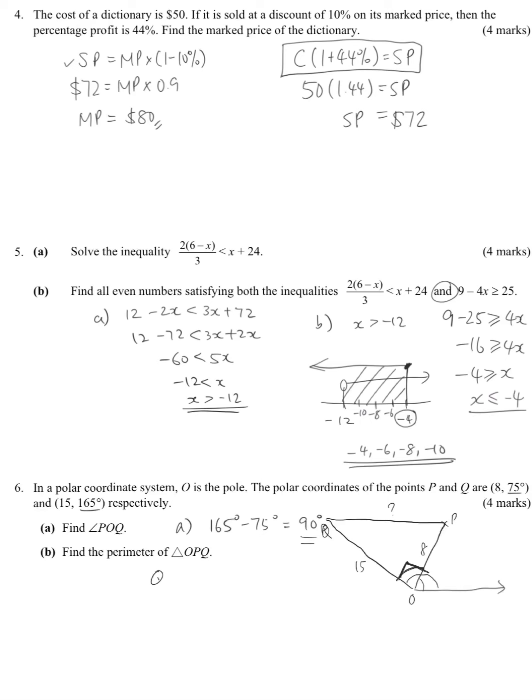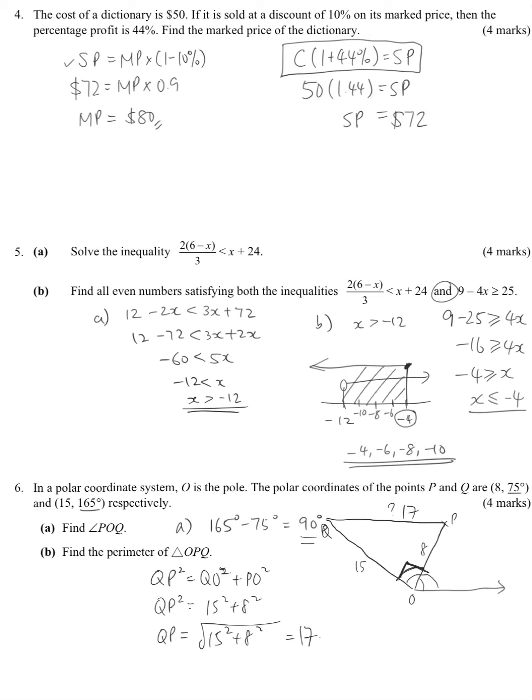So QP squared is equal to QO squared plus PO squared. So it's 15 squared plus 8 squared, which will give you the number needed, and if you square root it you get the answer, which is 17.